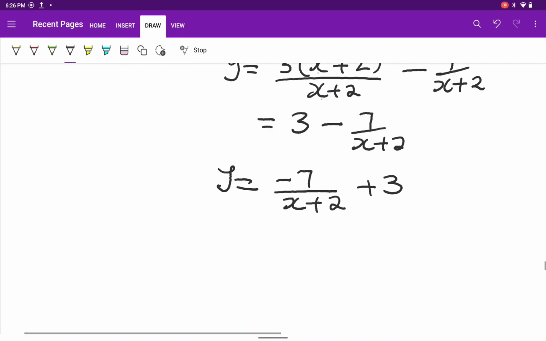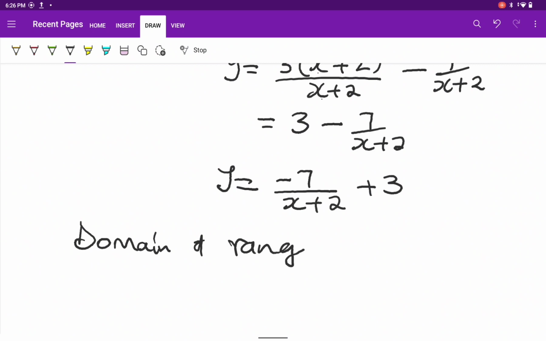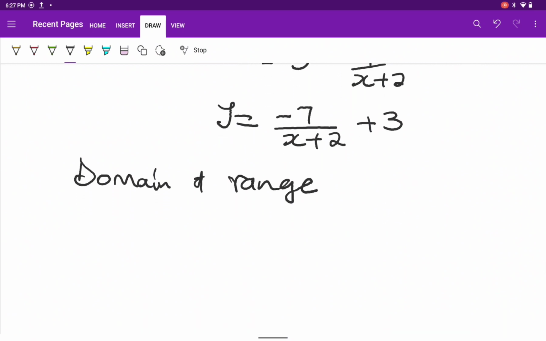Okay, the next thing that I want us to quickly look at is the domain and the range of a hyperbola. To get the domain and the range, remember we said the domain is the x values that are covered on the graph. So now looking at the hyperbola, all x values are covered, so we'll just write x is an element of real numbers.